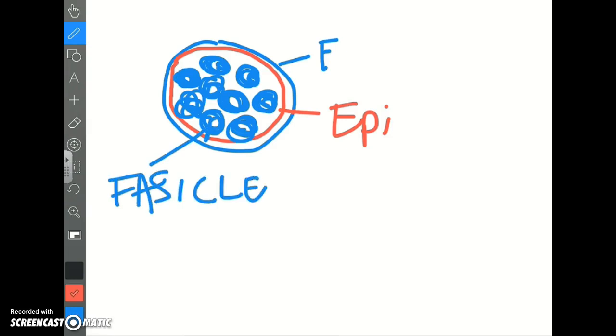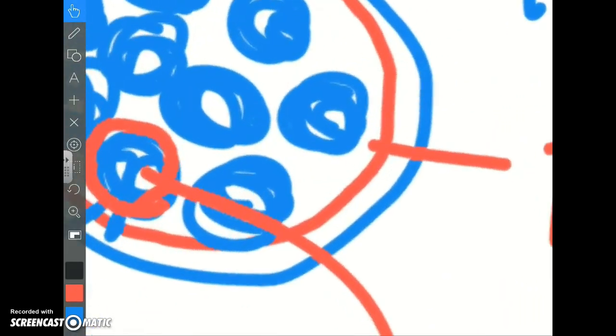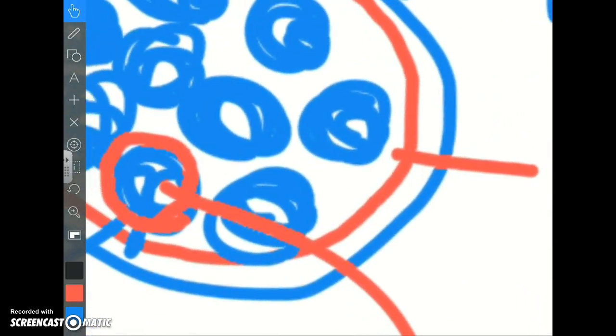And the outer covering of each fascicle is known as the perimysium. Now if I was to zoom in on just one bundle, that bundle is going to be made up of individual fibers.